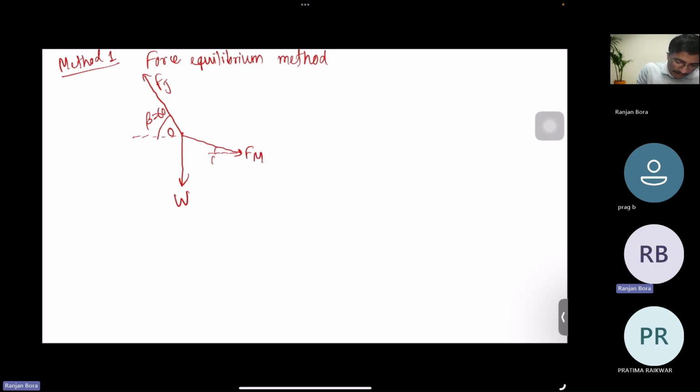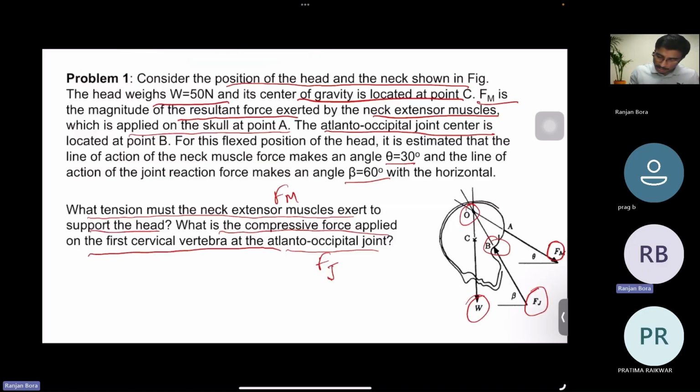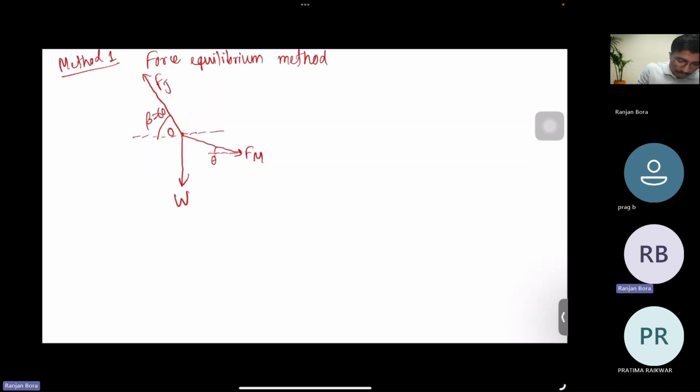This angle is given as theta. You can see the angle with the horizontal is given as theta. So what will be this angle? This angle will also be theta. Theta is how much? Theta is 30. And weight W is given as 50 Newton.